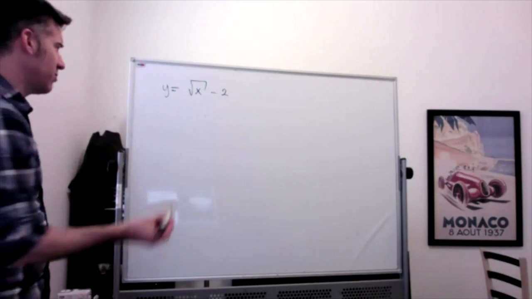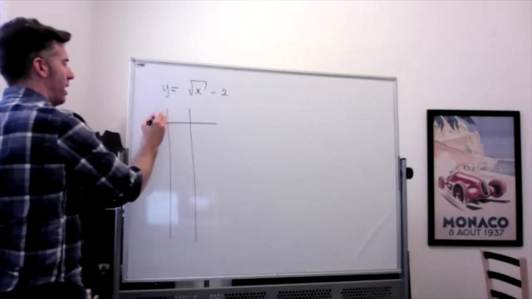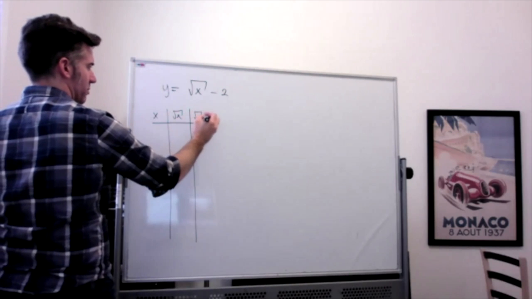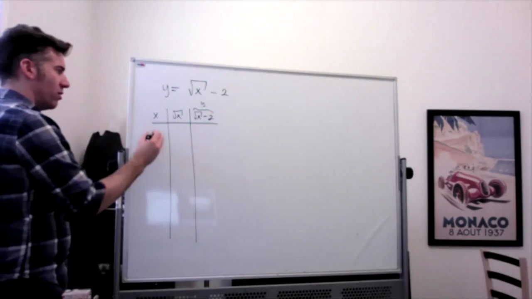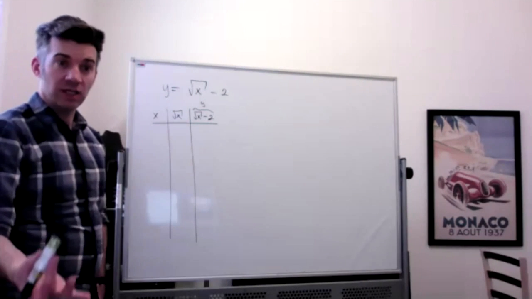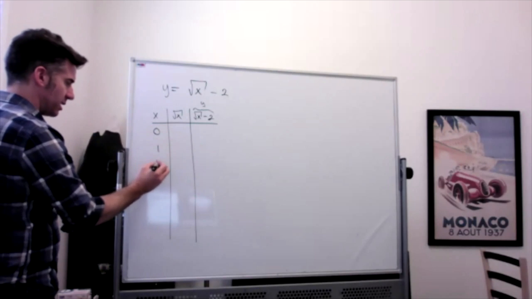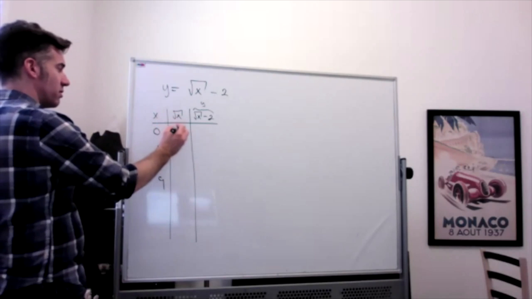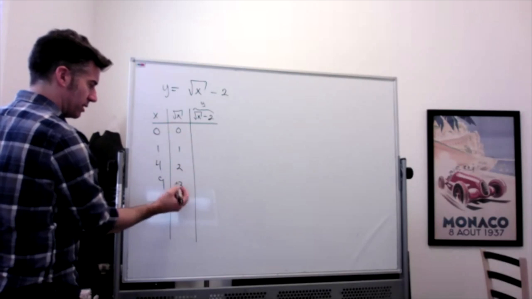But I can also look at the table and say, okay, we got x, the square root of x, and then the square root of x minus 2, which is my y. So I'm going to pick the usual suspect values for x, meaning the nice, easy things to take square roots of, like 0, 1, 4, and 9. Square root of 0 is 0. Square root of 1 is 1. Square root of 4 is 2. Square root of 9 is 3.